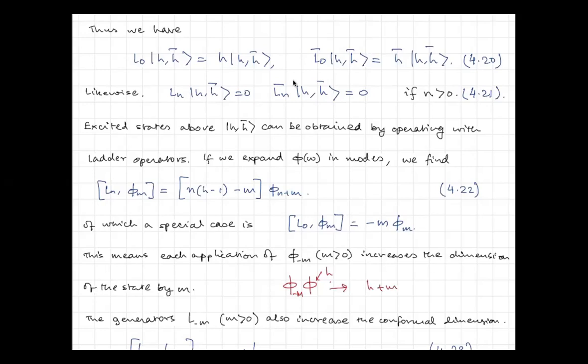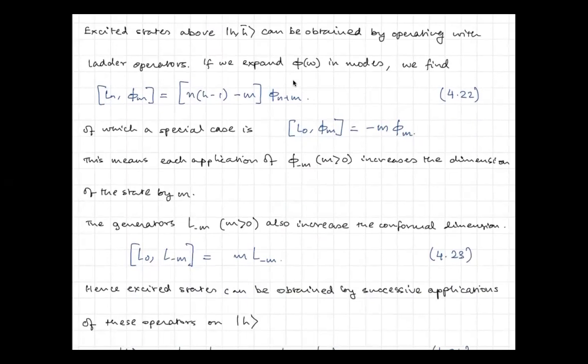So the weights are going to be increased by each application of phi minus n. So these are raising operators. Okay. Similarly, you can also raise by trying to look at L of minus m. So just by looking at what the Virasoro algebra is, you can read off that L naught with L minus m actually will raise the weights. So this is something that I urge you to do.